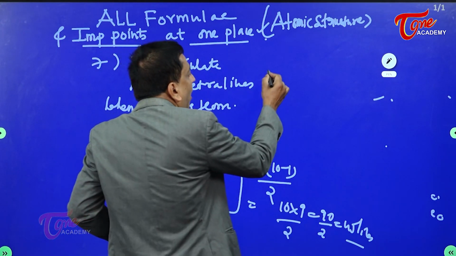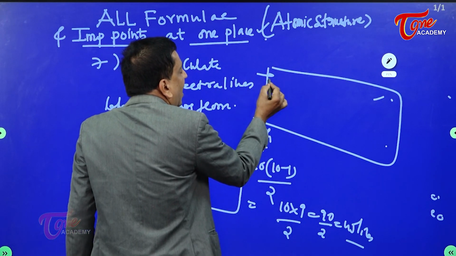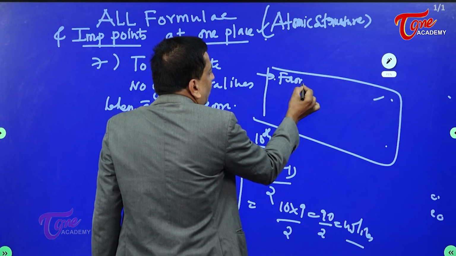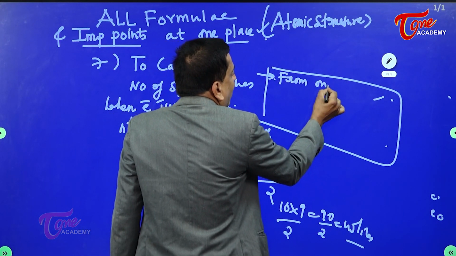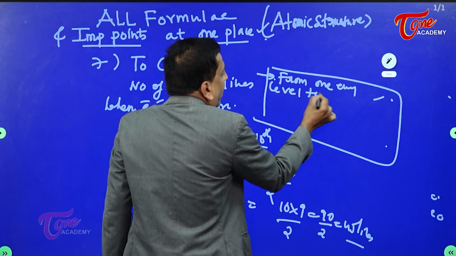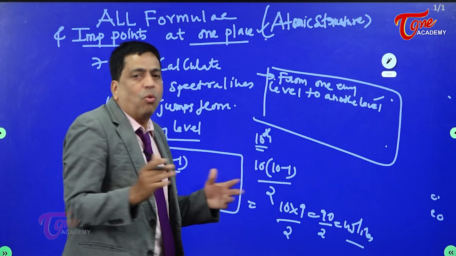Other than that, I would like to quote something here. Suppose he says it is jumping from one energy level to another energy level, so he is specifying the quantum numbers.